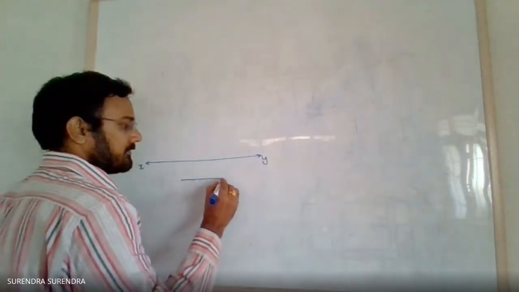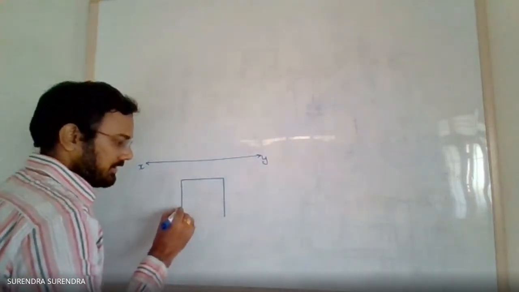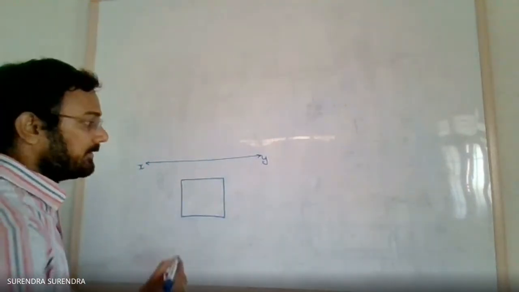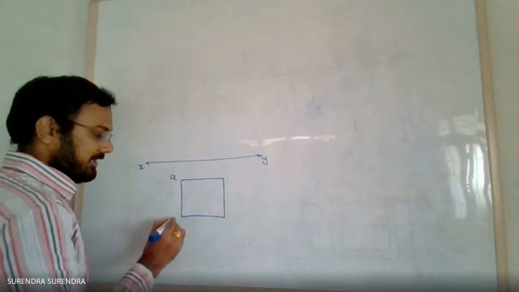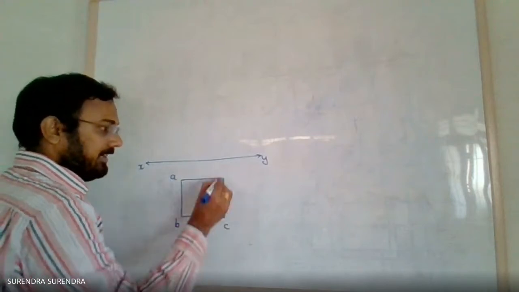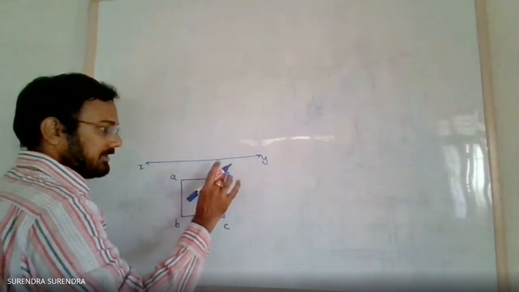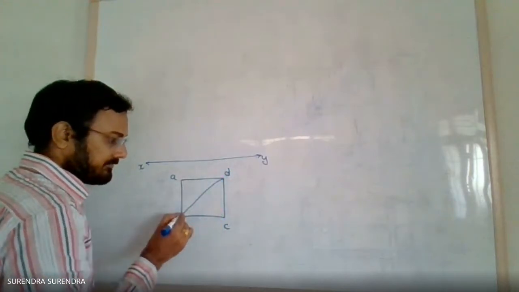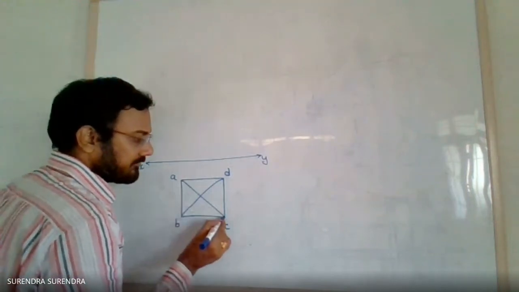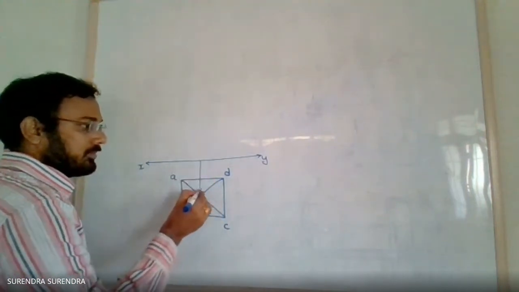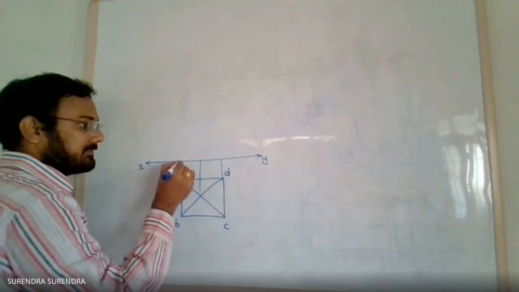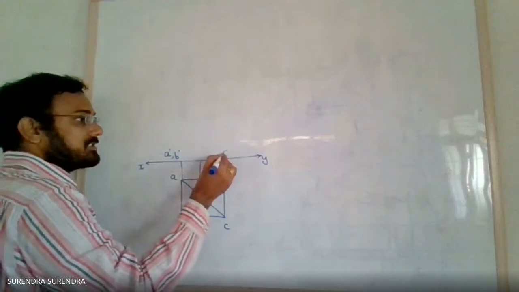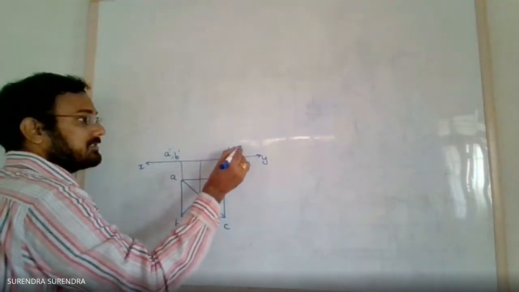It is resting with its base on HP with two of its base edges parallel to VP. So, a square with two of its sides parallel to the vertical plane. Let the corners be A, B, C, and D. Draw the projections up to the XY line: A dash, B dash, C dash, D dash.